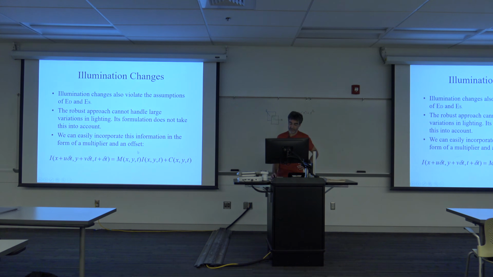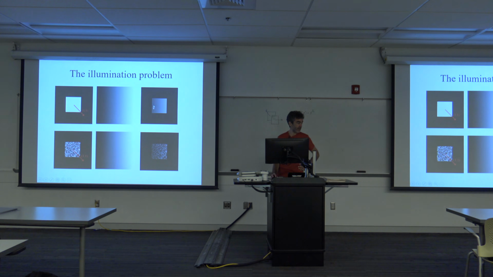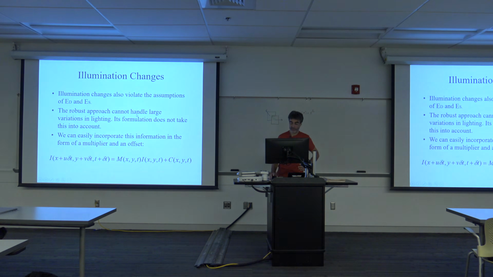So in that case, what you have is that the image and its pixel, x, y, and t, plus the motion of that pixel, is equal to the original pixel times that multiplier, right? This multiplier that I have here, plus maybe some error function or some additional term, okay, that I can add to occlude the object, to change the illumination, or turn off the illumination, turn on the illumination at some points, right?